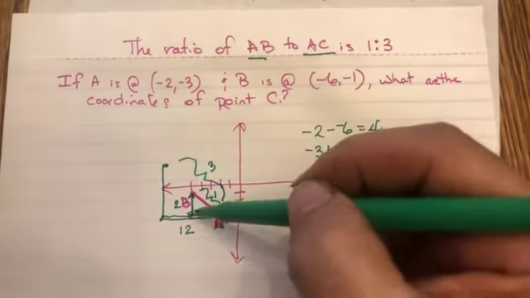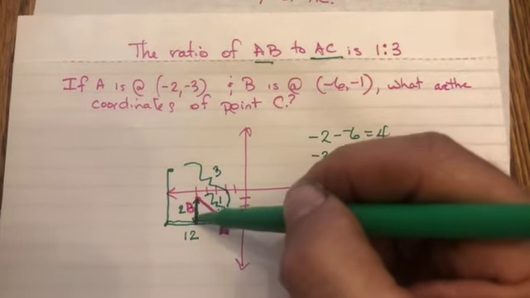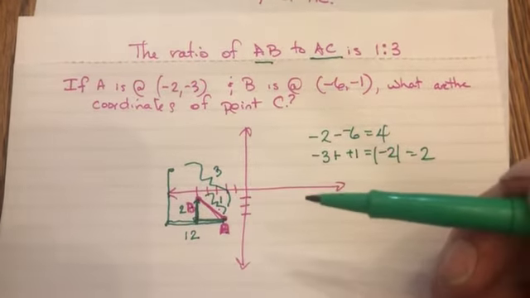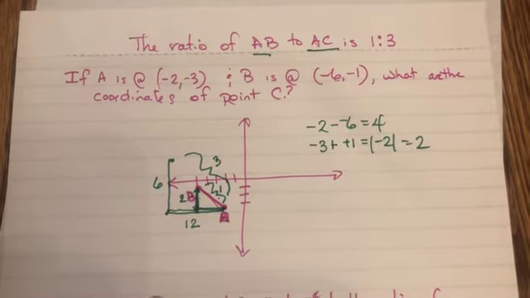And again, going vertically, because the ratio is 1 to 3, and this segment here was 2, this segment is going to be 3 times that amount. 2 times 3 is 6. So the value for that side of the triangle is 6.